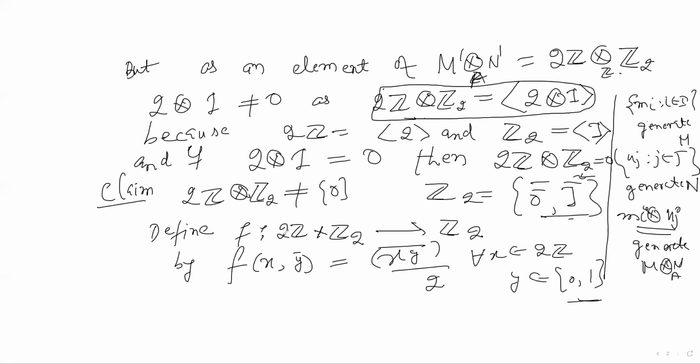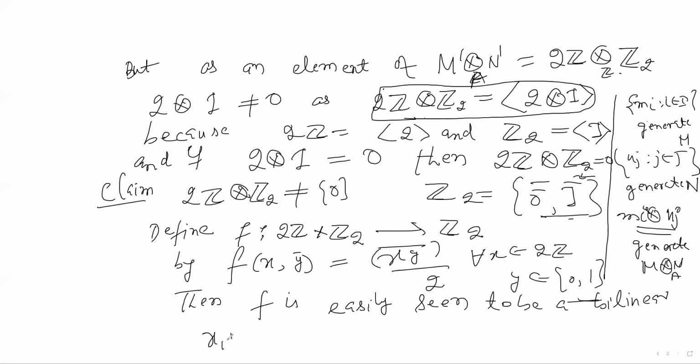Then you can easily check that this f is bilinear. Then f is easily seen to be a bilinear map. Okay, you can just verify it, because if you take f of x1 plus x2 comma y, then it would be x1 plus x2 times y whole bar by 2.